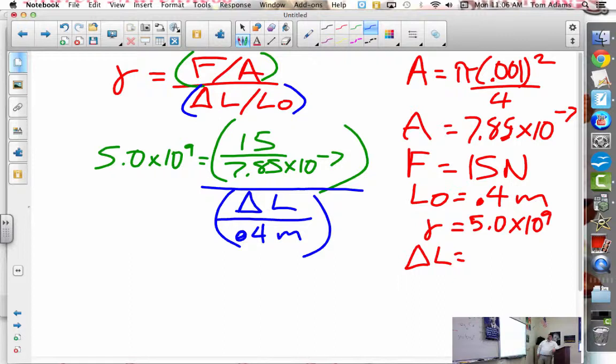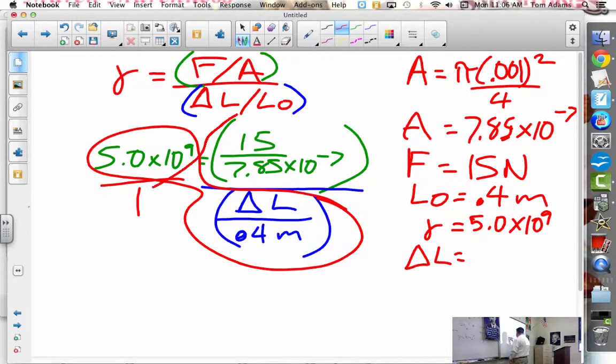Now here's a tricky thing. There's lots of ways you could do this. I need to start moving some stuff around and get delta L by itself. So this is technically like a proportion. In other words, I can cross multiply and set them equal to one another.